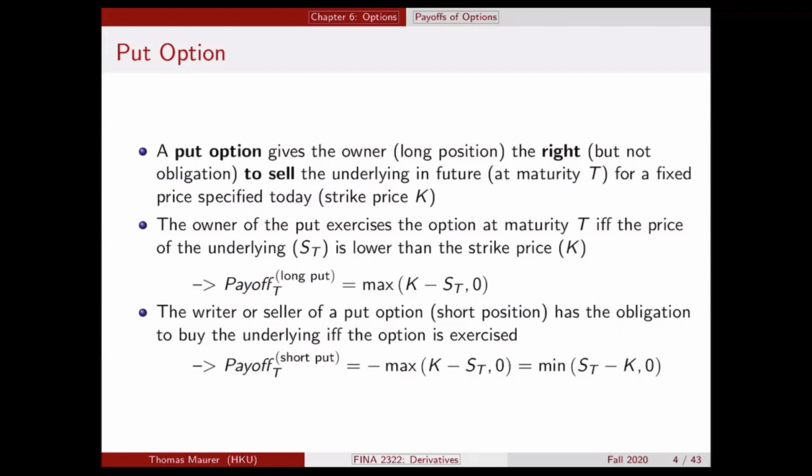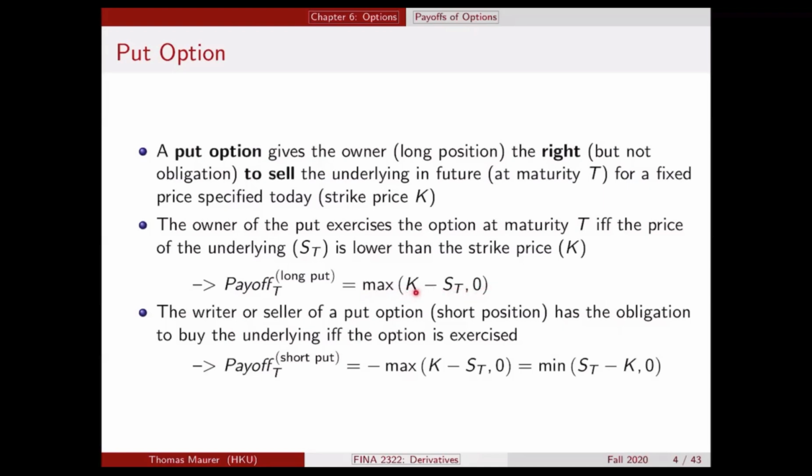If the price of the underlying S is larger than K, then a long position will decide, no, I do not want to deliver that underlying asset, which is now relatively expensive, and receive only strike price K. And therefore, the long position then doesn't exercise the option and the payoff is going to be 0. The payoff is going to be the maximum of either K minus S or 0.